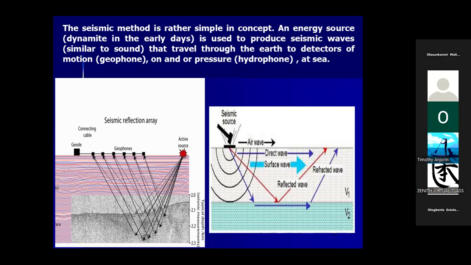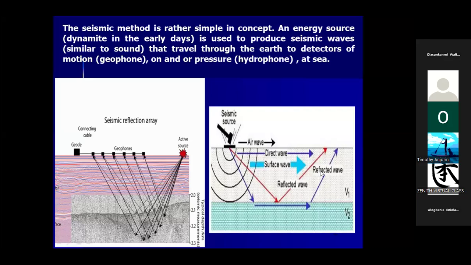You want to investigate to determine how competent the layers are for a proposed structure. That is engineering investigation. Or you want to use it to determine the depth to the aquifer. We can also use this kind of method for groundwater investigation because those are near-surface investigations. And what parameters do you measure?